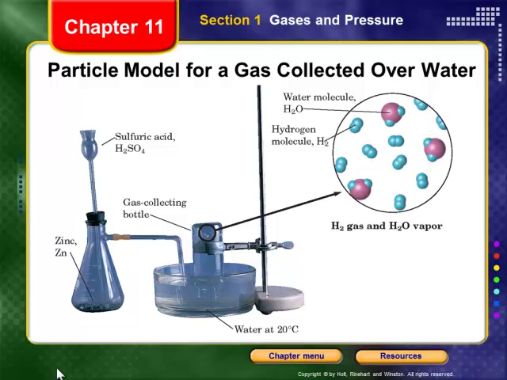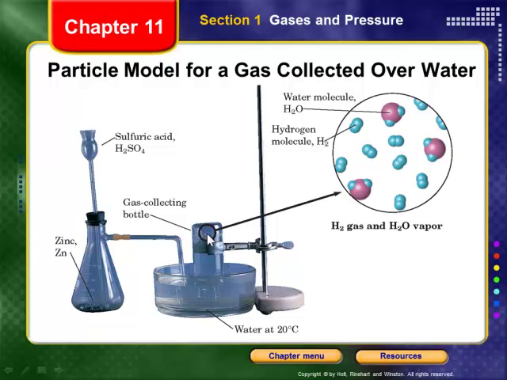This shows you an example of how gas is collected. What you see here is a thistle funnel. It goes down into this flask, which has some zinc on the bottom. When you put sulfuric acid in here, that comes down and it reacts with the zinc, forming hydrogen gas. Hydrogen gas is given off, passes through this tube here, and it bubbles up into the collection jar here.